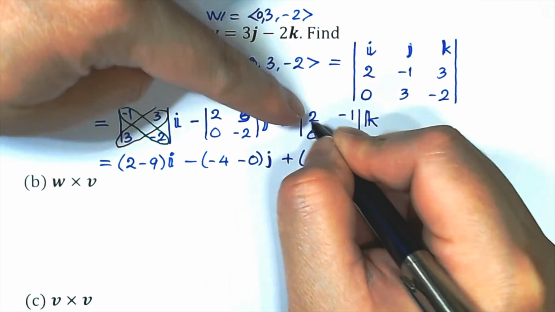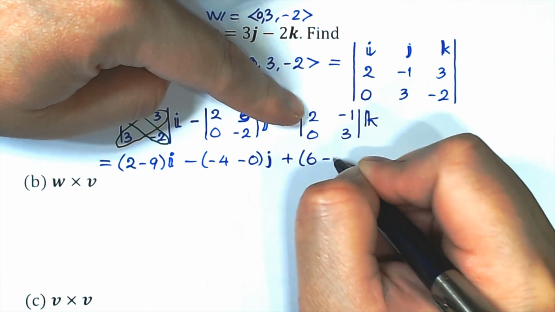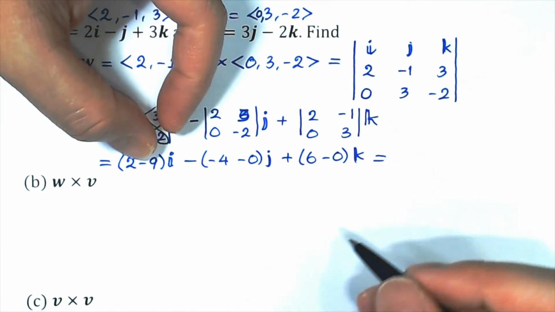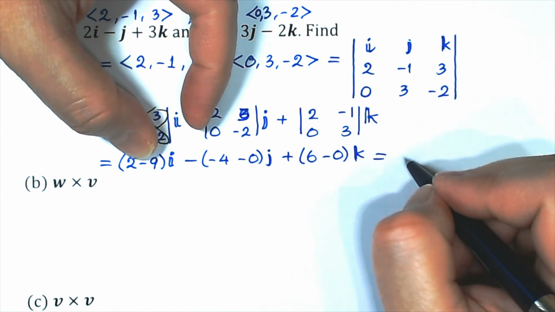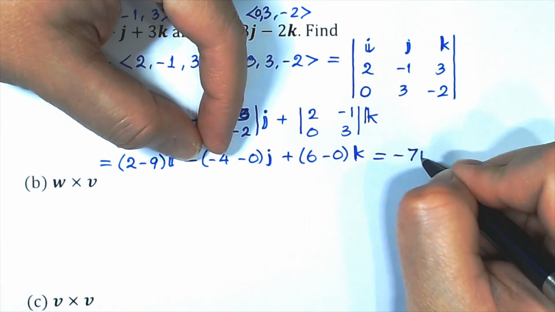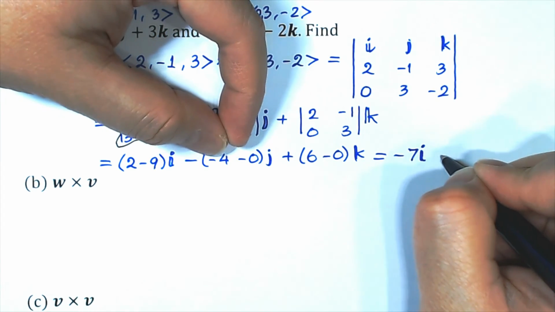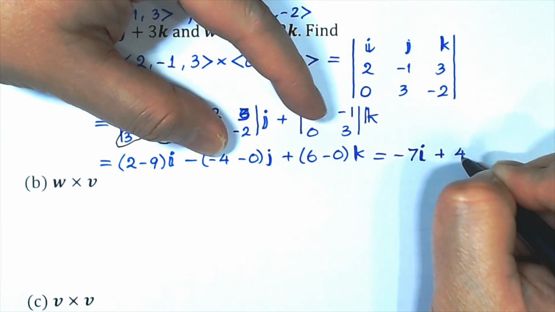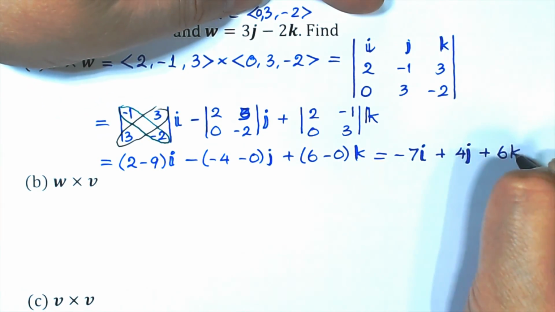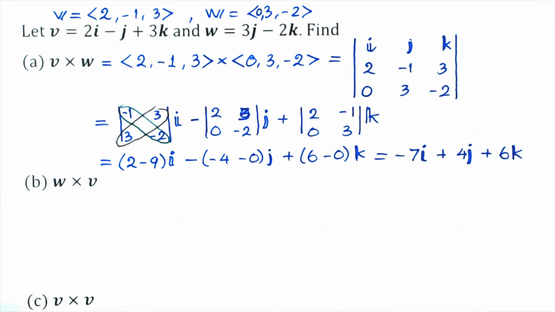And then next, 2 times 3 is 6, minus 0 is the k component. And we're going to have negative 7i plus 4j plus 6k. And that is the cross product of v cross w.